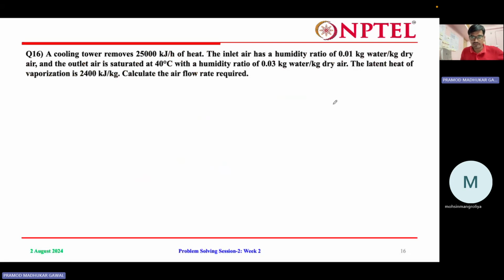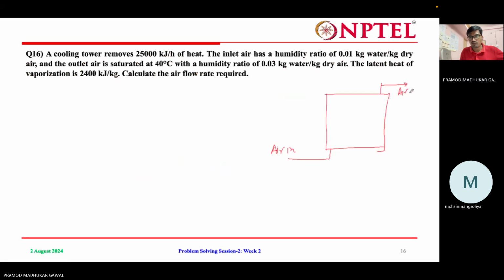So here is the cooling tower, right? Here is the air in, here is the air out, right? So the inlet humidity is given, Y is 0.01 kg water per kg dry air.